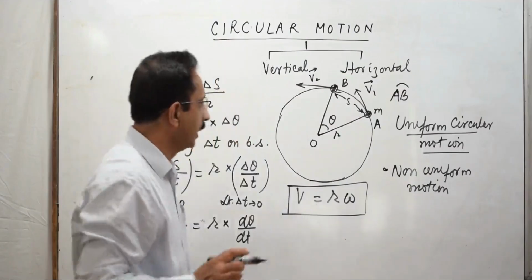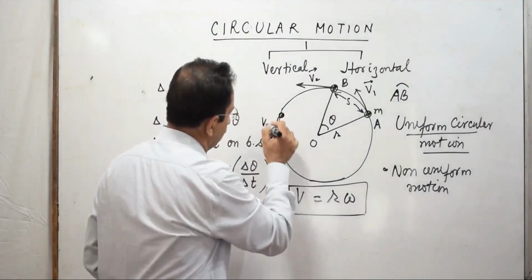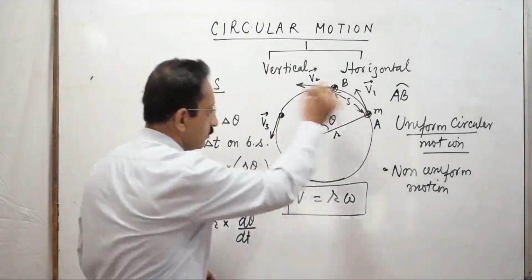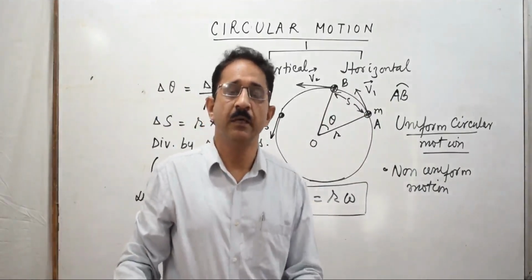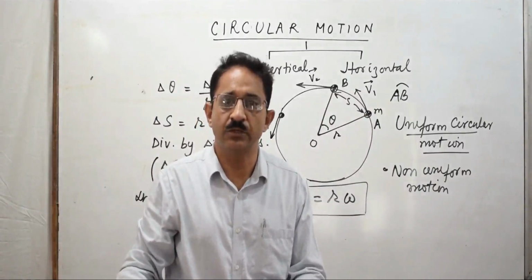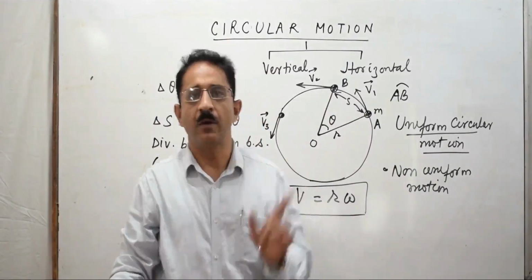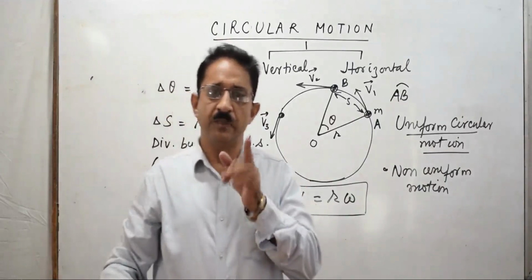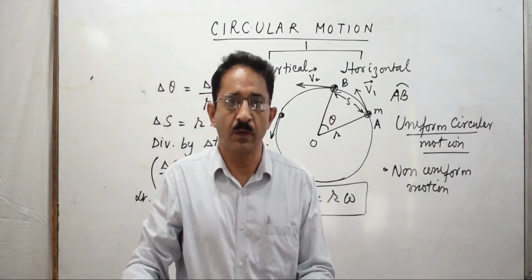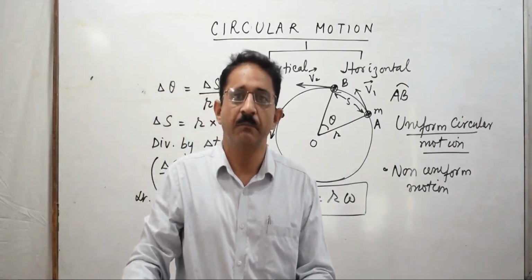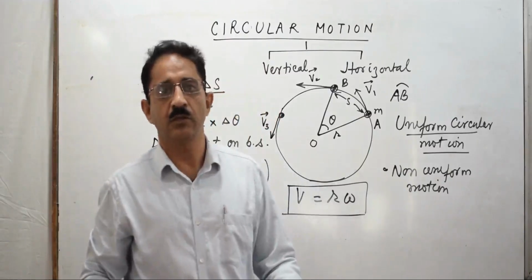Same would be true कि अगर ये ऑब्जेक्ट यहाँ आ जाता है, there will be a different direction of the velocity v3 and this will go up. So after every point of time, the body changes the direction of the velocity even though the magnitude may remain same. Now this type of circular motion where the speed of the body remains constant, that means अगर हम magnitude of velocity लें, that remains constant, but the direction continually changes, is called uniform circular motion.